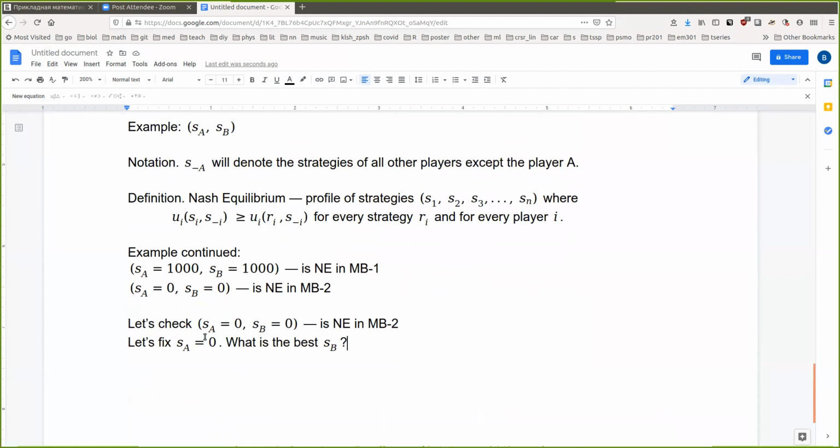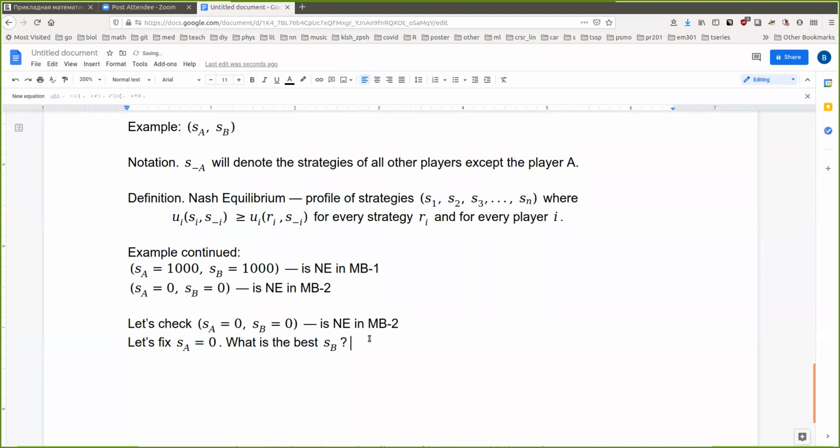And if we fix S_A, then the best S_B is 0. So why do we fix the other player's strategy? We have a definition: S minus i is fixed in the definition. We have S minus i in the left-hand side, S minus i in the right-hand side. And when we fix S minus i, the best thing is S_i for player i, not any other R_i, but S_i is better for the player i.